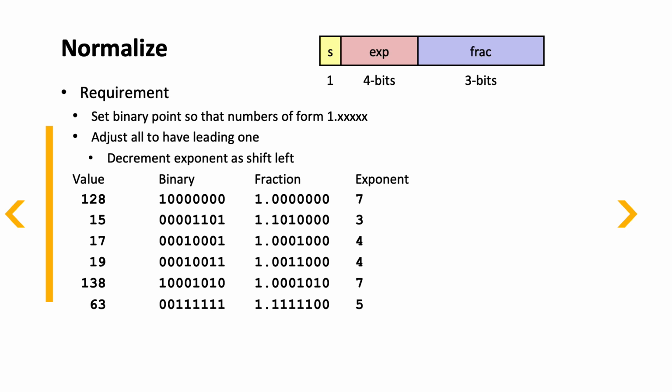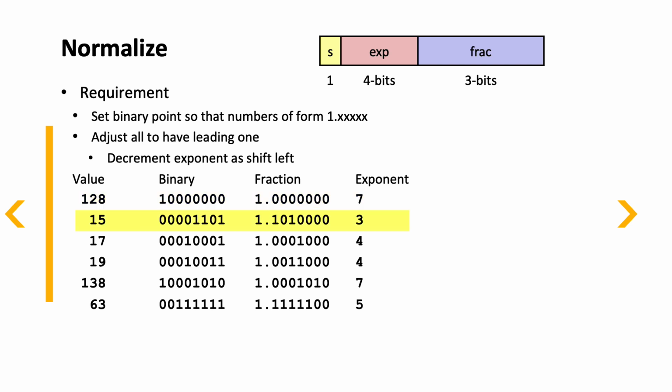So for the first value, 128, we would have an implied binary point followed by 1 and a bunch of zeros. We only need to move that over to the left 1 time. We only have to shift left 1 time to get 1 point, a bunch of zeros. So we decrement that starting value of 8 for the exponent by 1, and we land at 7.